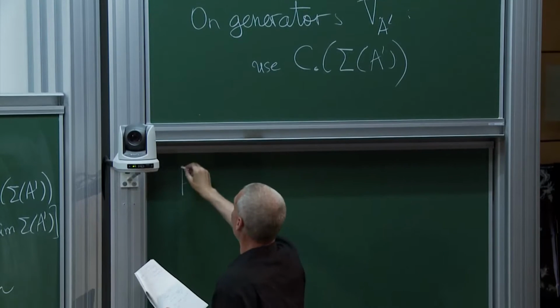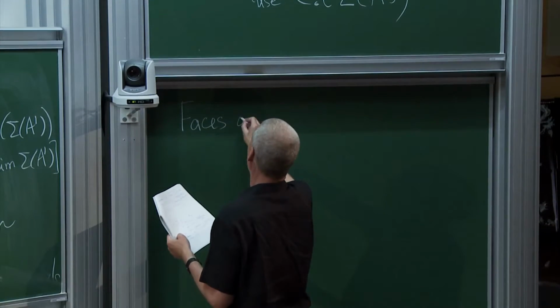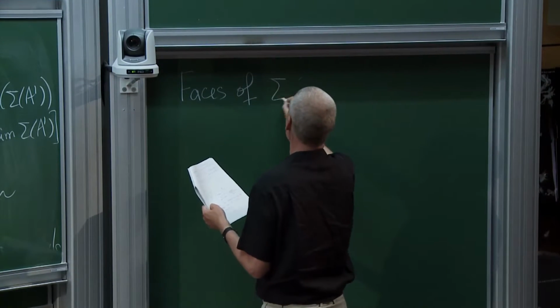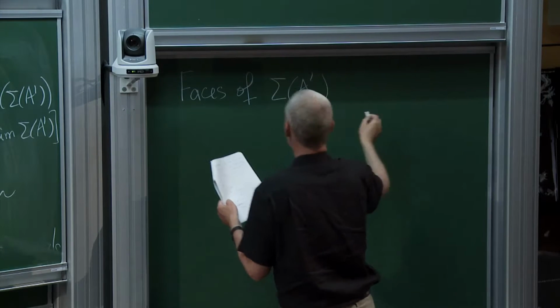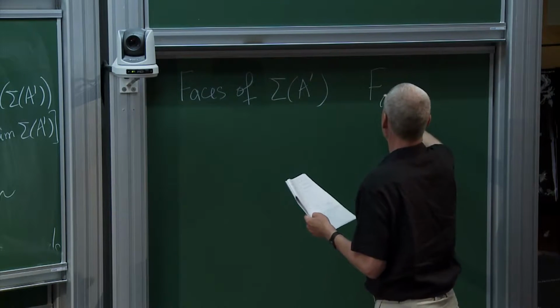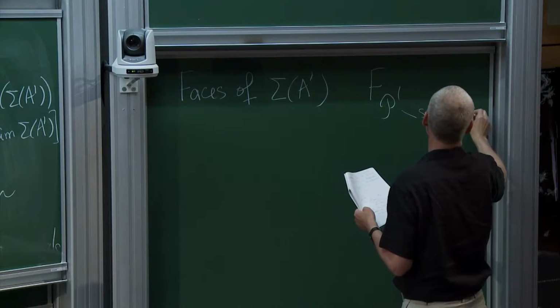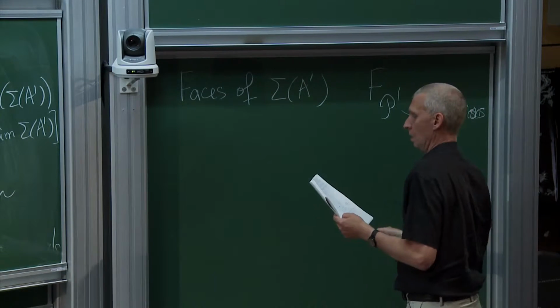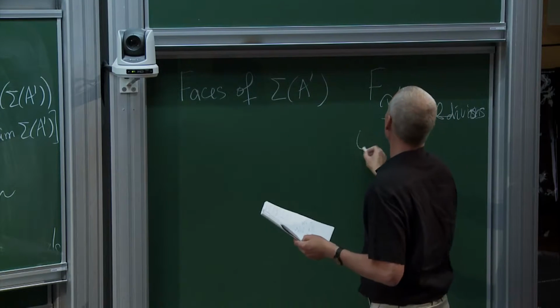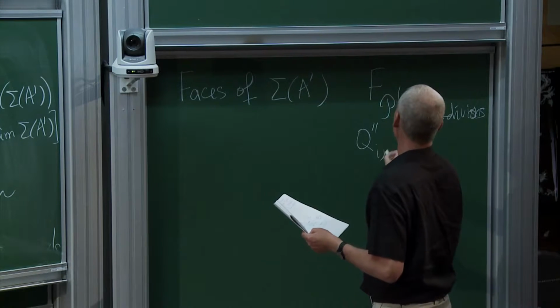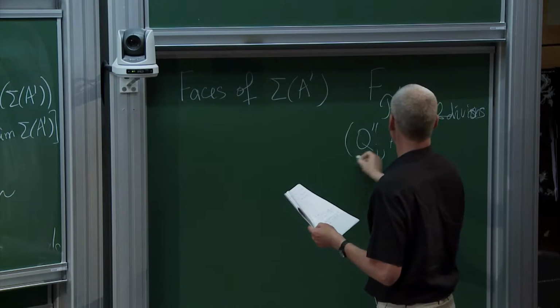So look at faces of sigma of A prime. They correspond to subdivisions of A prime into some Q second i, A second i.